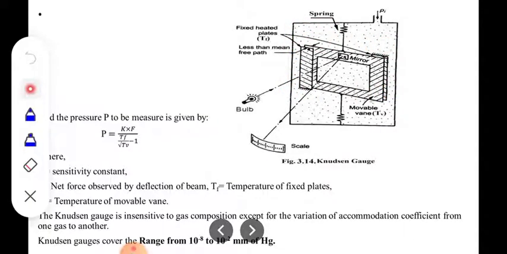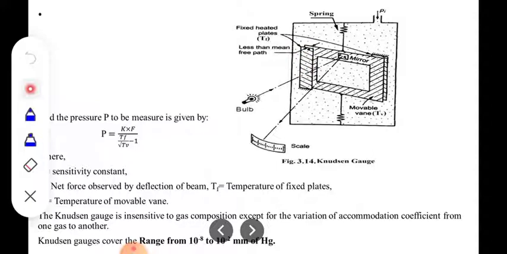The intermediate plate is known as the movable vane. The backward movement of the movable vane is restricted by this fixed plate, and the forward movement of the movable vane is restricted by this plate.